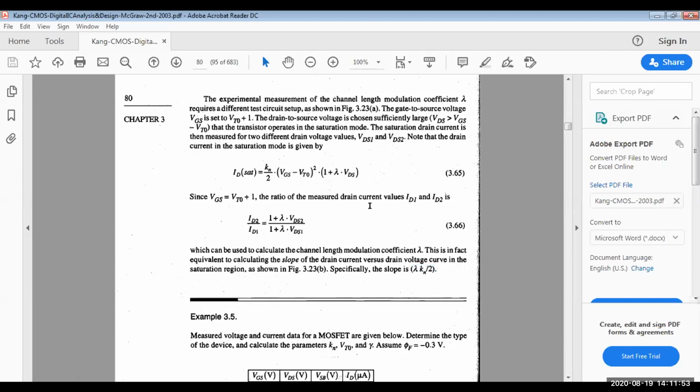If before in the ID versus VGS graph we found the parameter kn, then by using that value kn, we can also find the slope lambda kn by 2.